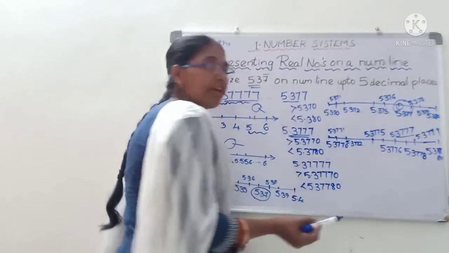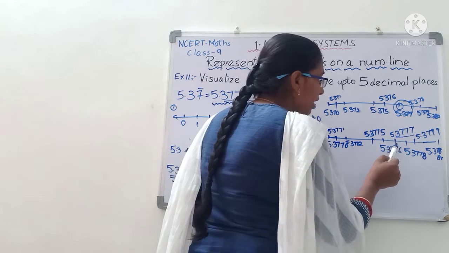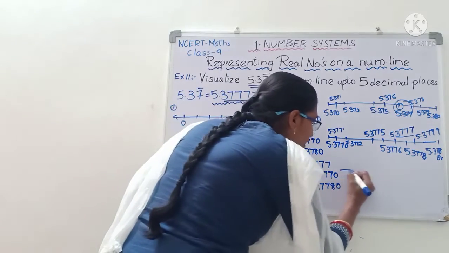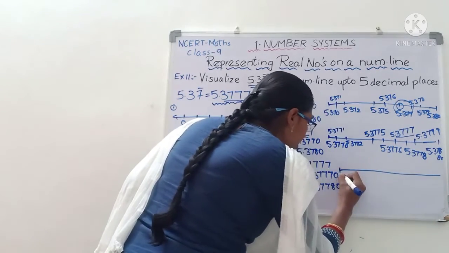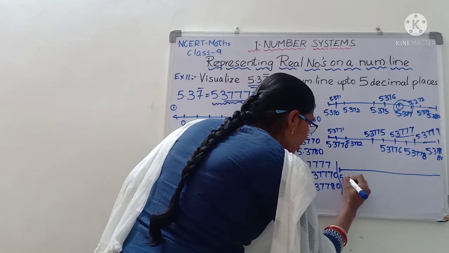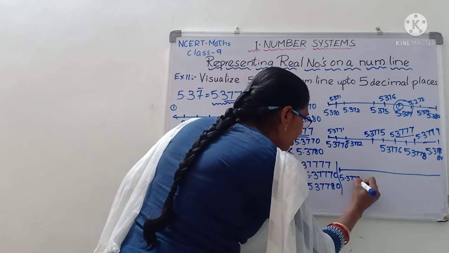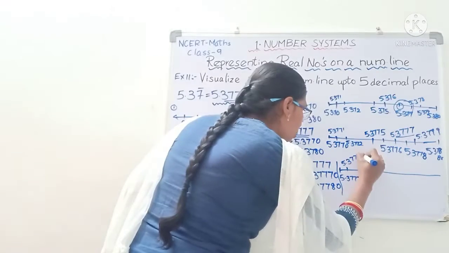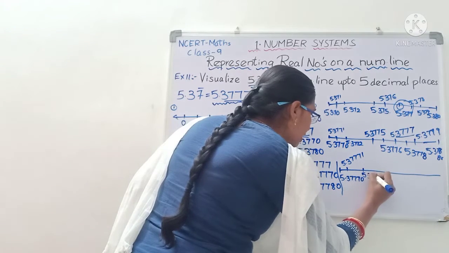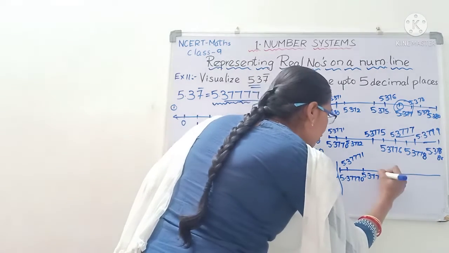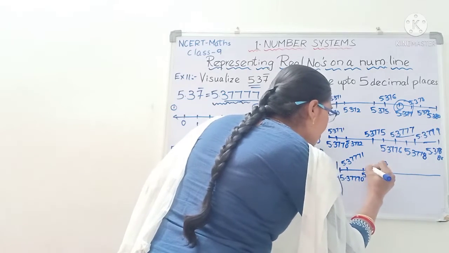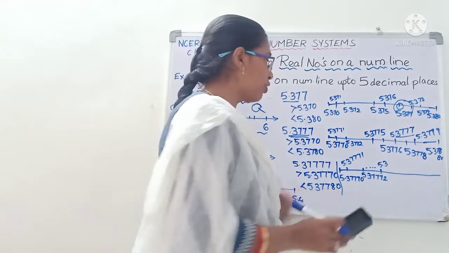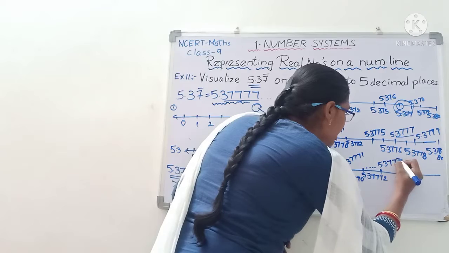So now use a magnifying glass and observe the points between 5.3777 and 5.3778. Divide it into 10 equal parts, children. Then you get 5.37771, 5.37772, like that. After 5.37774 you get 5.37775.